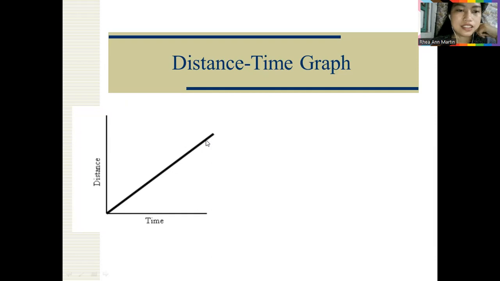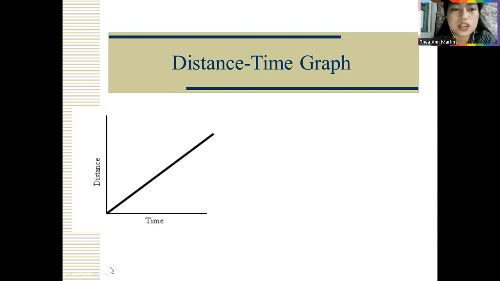What about this one? From the point of origin, the object is moving at a constant speed. The line does not zigzag, it is a straight line.